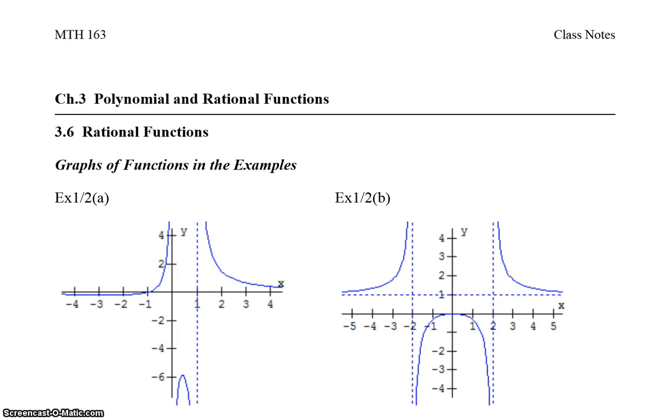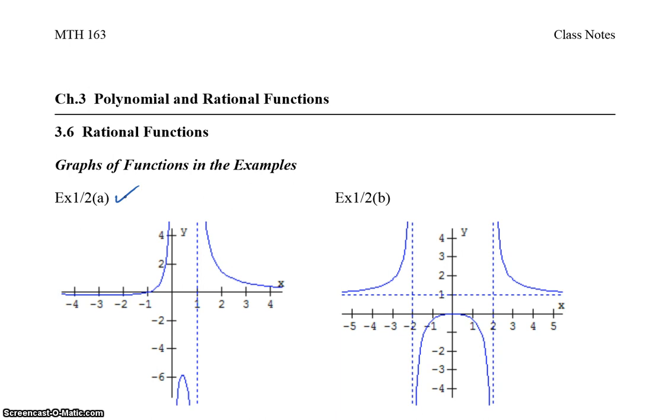Now I provided you with a separate sheet for the section 3.6 notes with the graphs of many of the examples that we'll be looking at in this set of notes. So I'm now referring to that sheet and just want to draw your attention to this first graph, and you can see what the graph looks like.